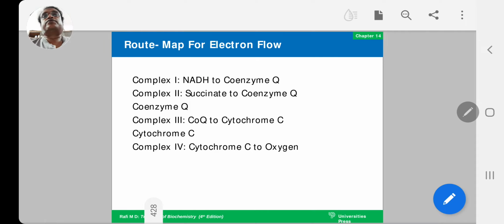The path of electrons through complex 3 is complicated, because electrons have to transfer between a 2-electron carrier, QH2, and a 1-electron carrier, cytochrome c.